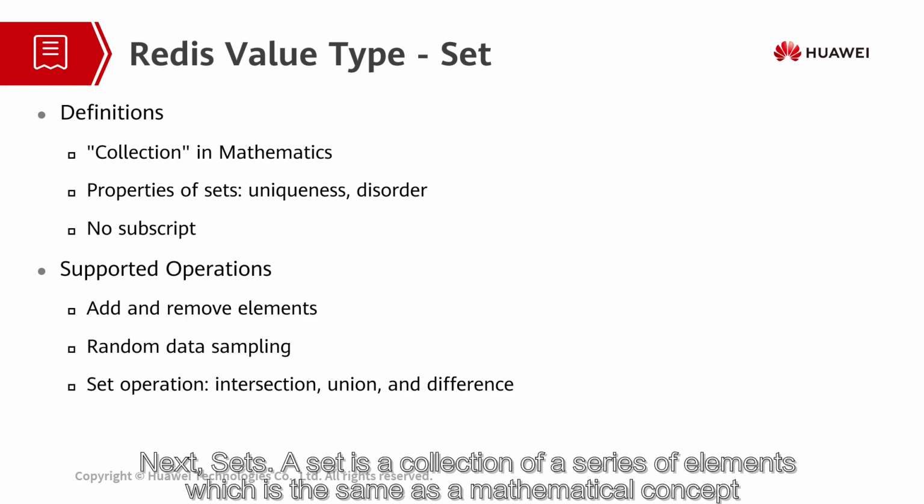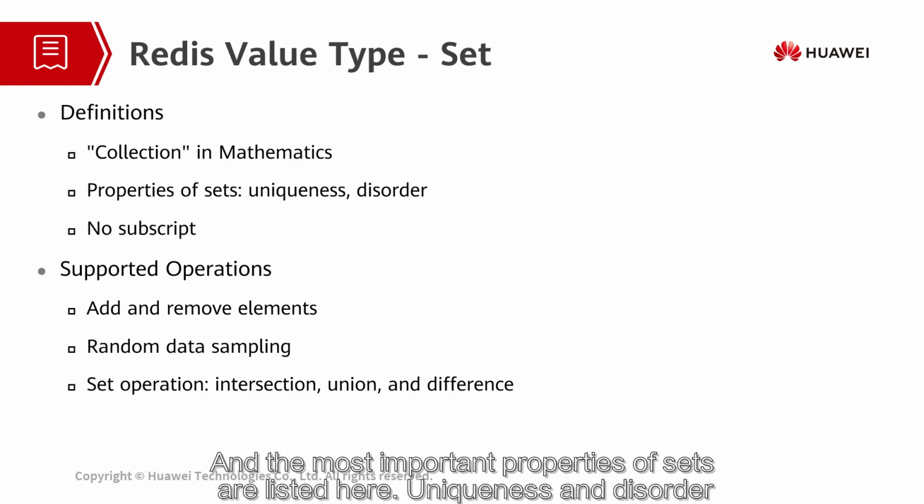Next, sets. A set is a collection of a series of elements, which is the same as the mathematical concept. And the most important properties of sets are listed here: uniqueness and disorder.